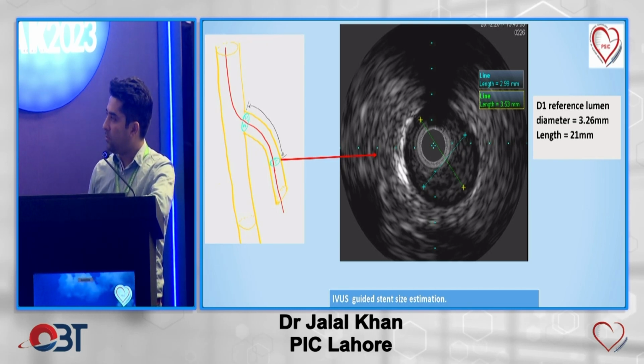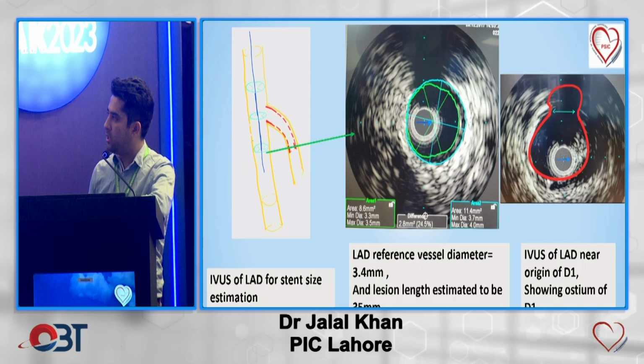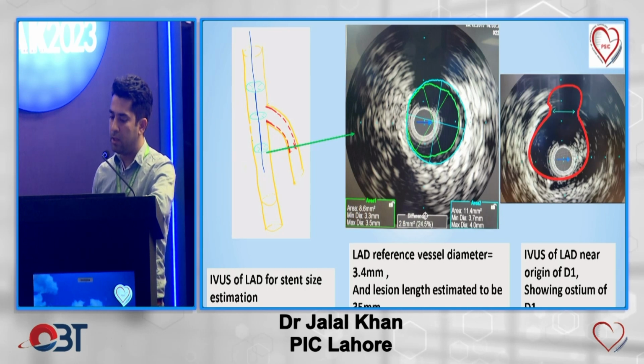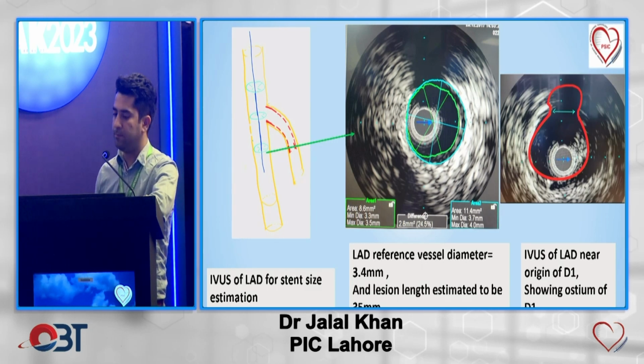This was followed by IVUS of the LAD, which showed a diameter of around 3.4 millimeter and an estimated lesion length of 35, so we took a stent of around 38 millimeter.